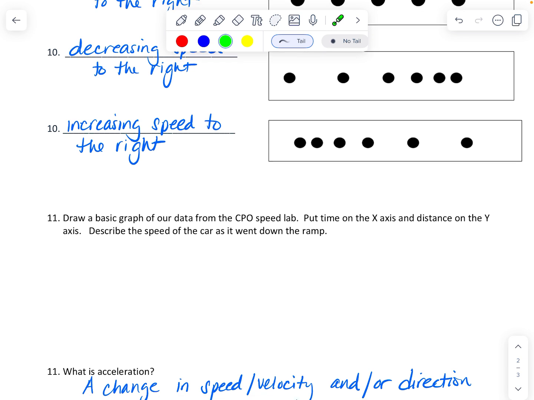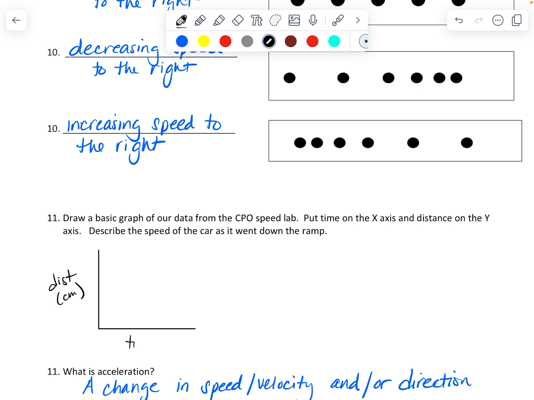Okay, next one. Draw a basic graph of our data from the CPO Speed Lab. Put time on the x-axis and distance on the y. So we've got distance was in centimeters, time was in seconds.